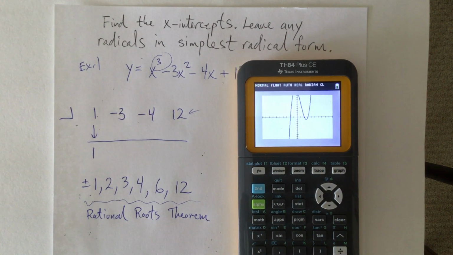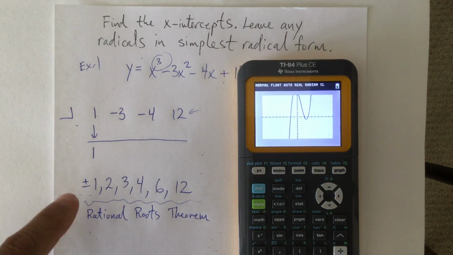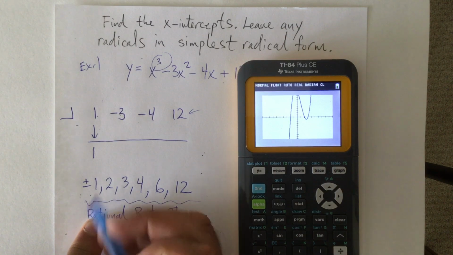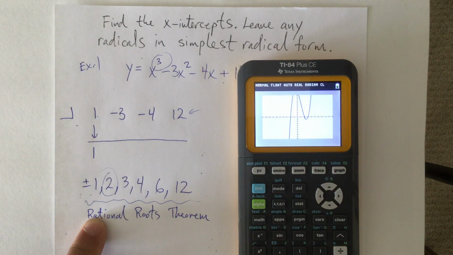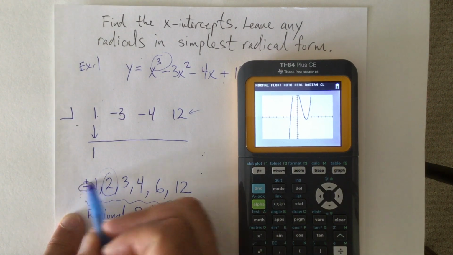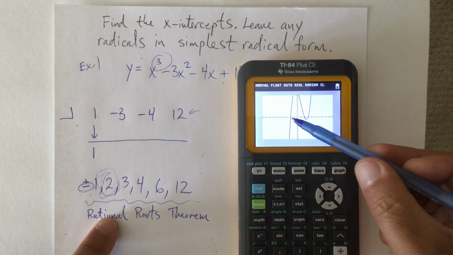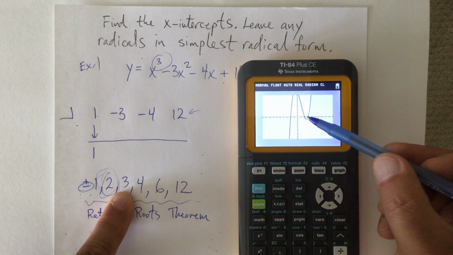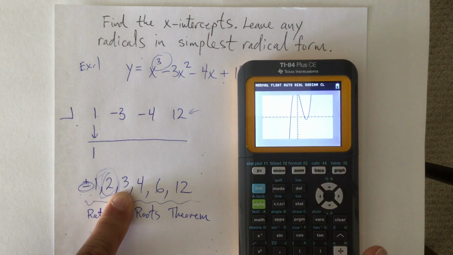Now, here's the thing with this. I look in my rational roots and I say, you know what? I totally see the number 2. That corresponds with the x-intercept at 2. I also see a -2. Looks like it corresponds with that one. And then I also see the number 3. That corresponds with this x-intercept. So guess what?